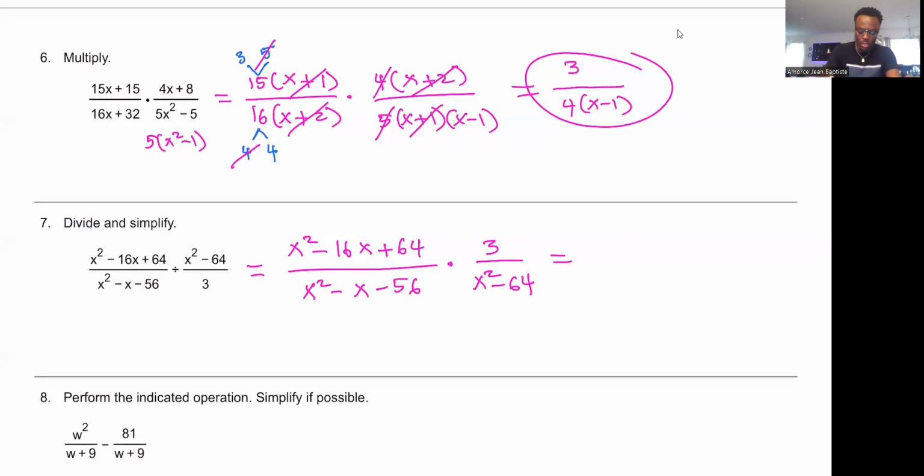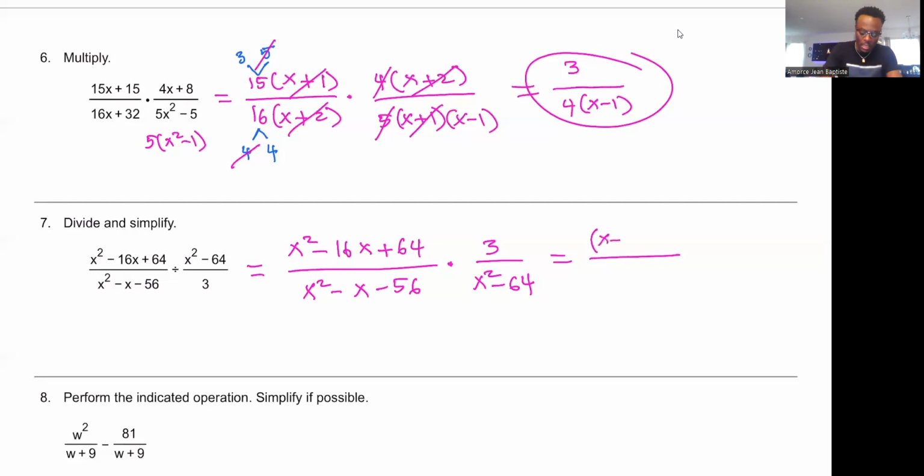The factored form of the top of the first fraction would be, what are 2 numbers that multiply to 64 and add to negative 16? So negative 8 and negative 8, because when you multiply them, it's a positive 64, and when you add, it's negative 16.